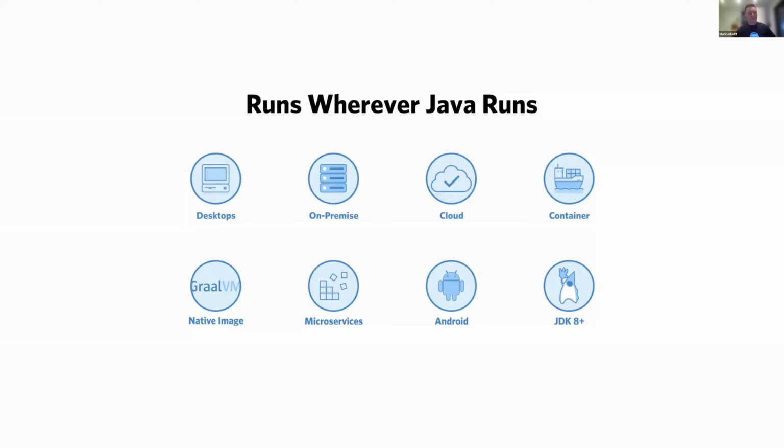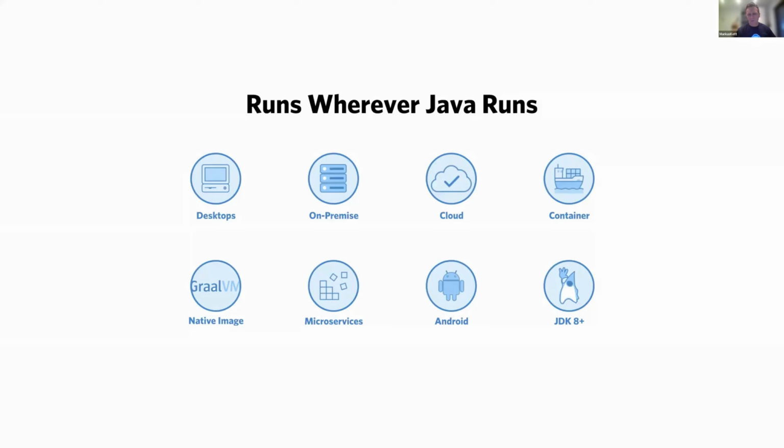EclipseStore is a Java library. It runs on Java 8. I'm not sure if this is still true. The new version should run on Java 11, but this is really the only requirement. So you can run EclipseStore on desktops. You can run it on servers, of course. You can run it in the cloud, in Kubernetes pods, Docker containers.